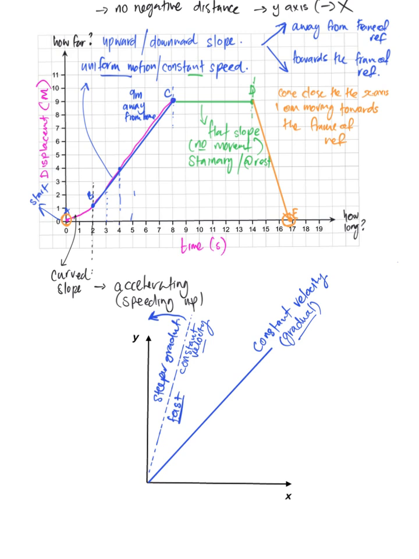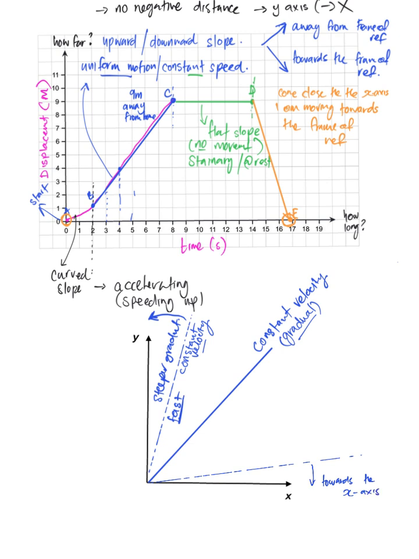If I look at another type of gradient, let's say I draw the same slope, but now my gradient looks a little bit different. Can you see that the gradient is moving towards the x-axis?